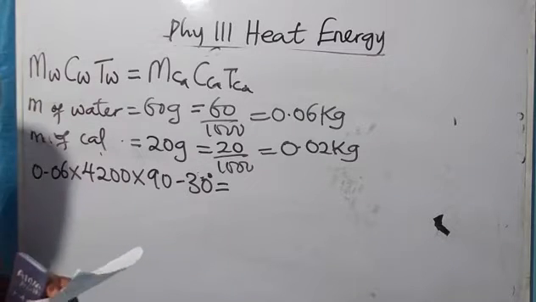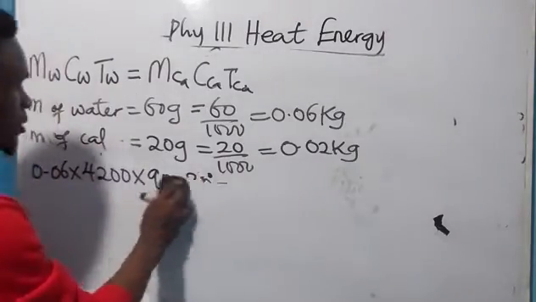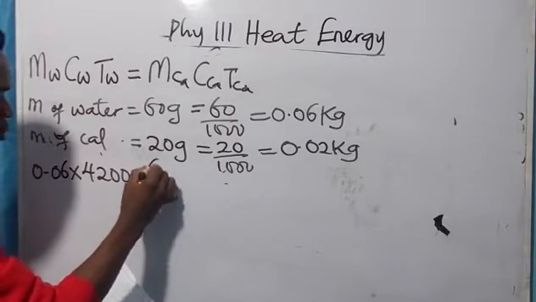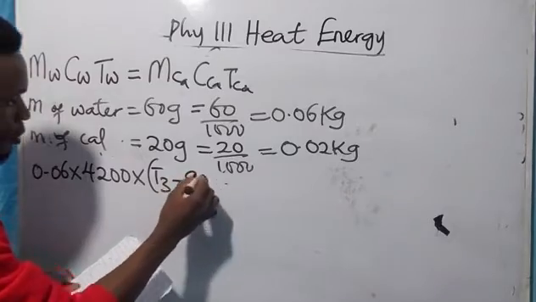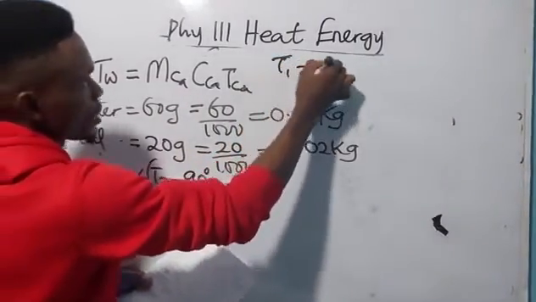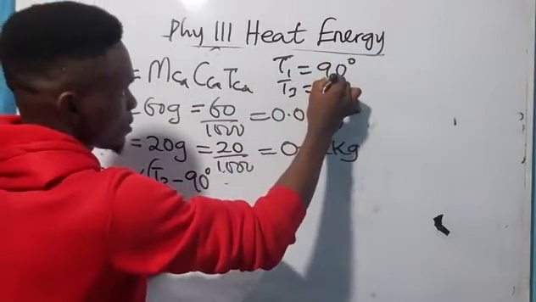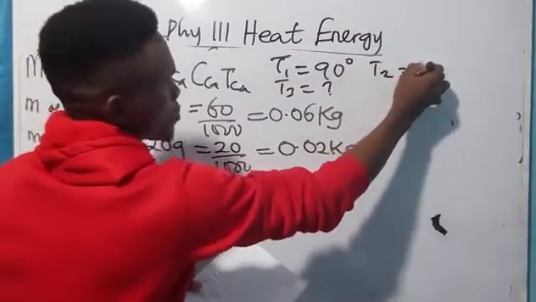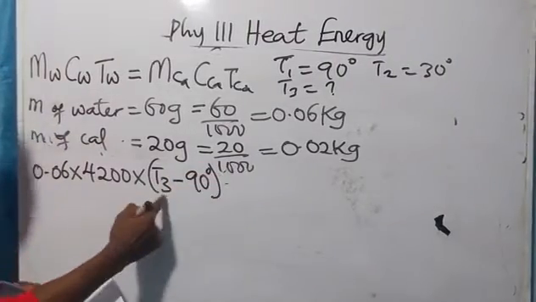So we are looking for T3. So T3 minus 90. 90 was given as T1. T3 isn't given. Then T2 was given as 30 degrees Celsius.